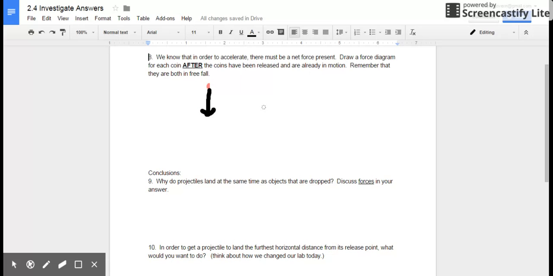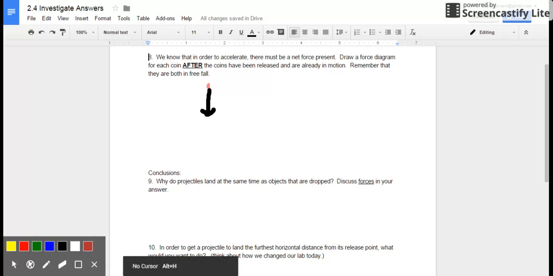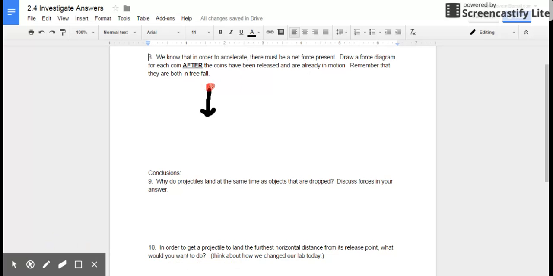The second force that I know is acting on this penny, well, is there one? There isn't. So I know that at this point for the dropped penny, I am done with my force diagram. So I'm going to go ahead and write force of gravity right next to this. And I know that I am now done.